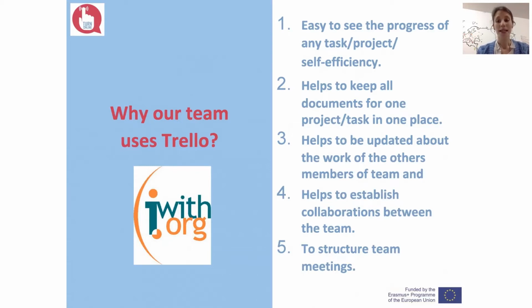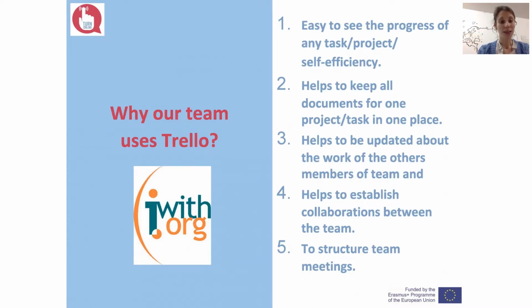First of all, you can use this tool for presentation of your progress and self-efficiency. In Trello you can find an option such as checklists, where you can see how much of a task is completed.